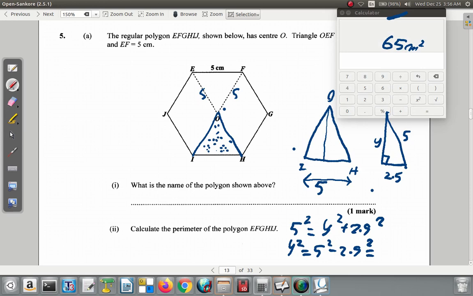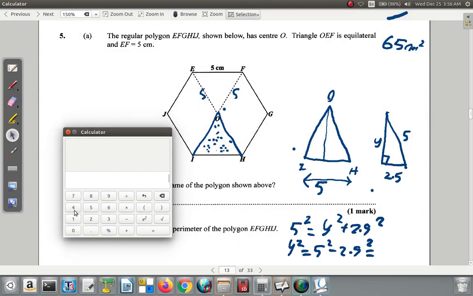So what you have here is 5 squared is 25 minus 2.5 squared, so 2.5 squared, that would be 18.75 when you work it out.